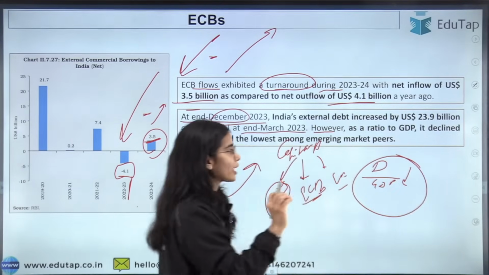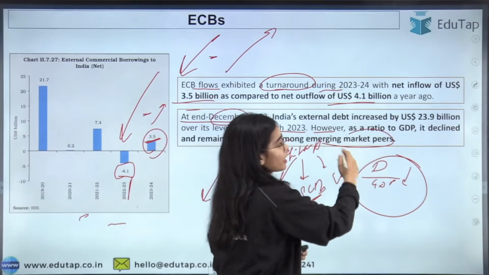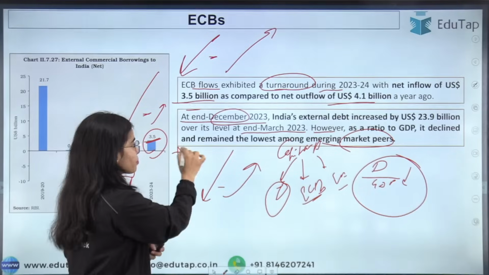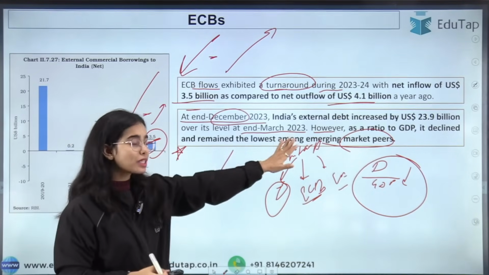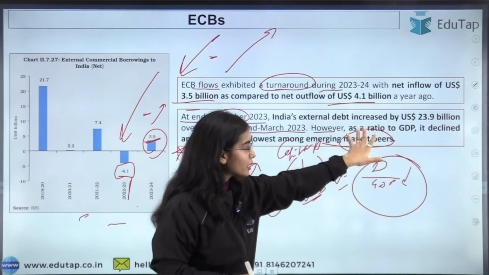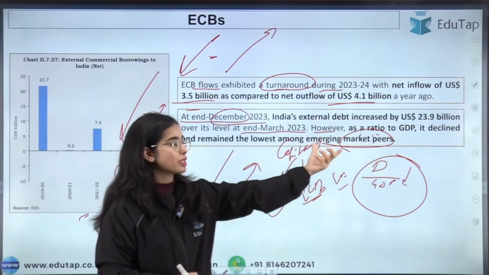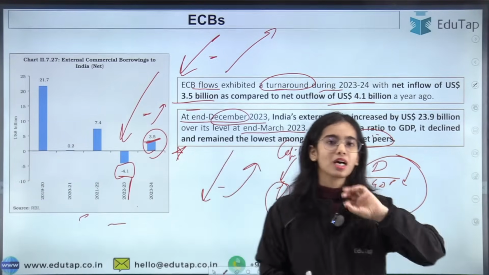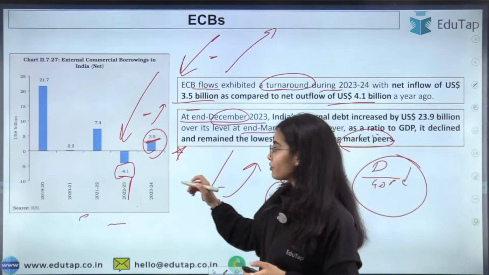That is good for our country, and it has remained the lowest among the emerging market peers. This is important, and you can write it in your answer writing. Even if you do not remember the data points, you can write that the debt as a ratio to GDP has declined and remained the lowest among the emerging market peers as per the RBI annual report.